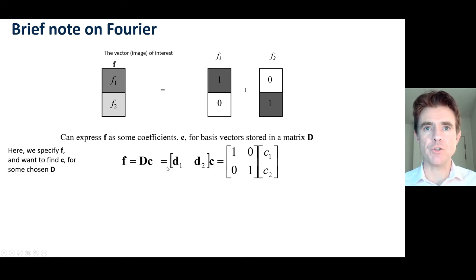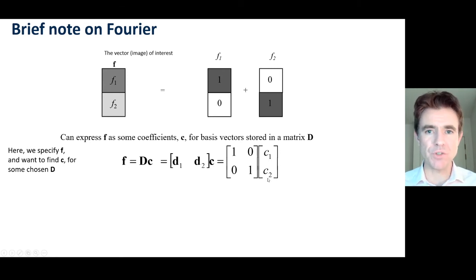I'm saying that this matrix D is composed of a vector D1, and so that's this vector here, 1, 0, and a vector D2 for the second column. So that's this vector here, 0, 1. And again, I've still got the coefficients just sitting to the right there as a vector. Writing that out more fully, it's just 1, 0, 0, 1, and then the coefficient vector is C1, C2.